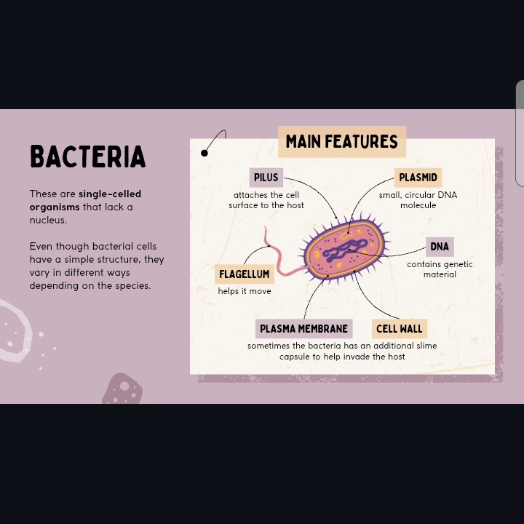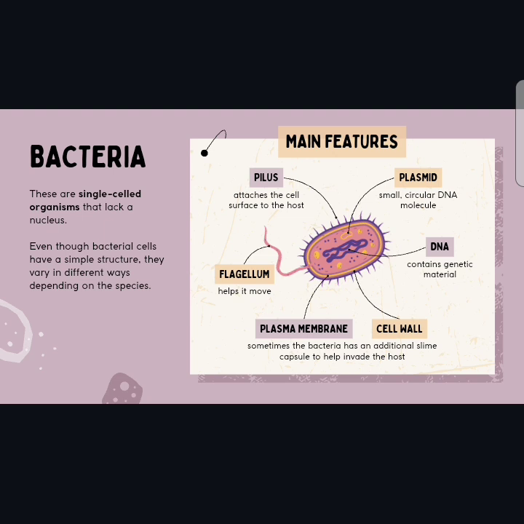The next one is the plasmid. Plasmids are round, circular genetic materials, and DNA is also a genetic material, but it is present in the form of a looped, thread-like structure. So this genetic material is present in two different forms.